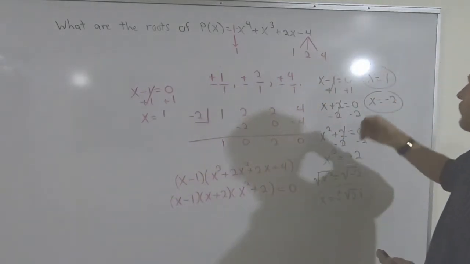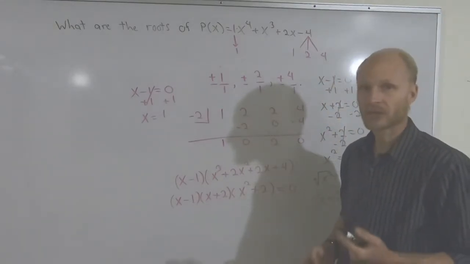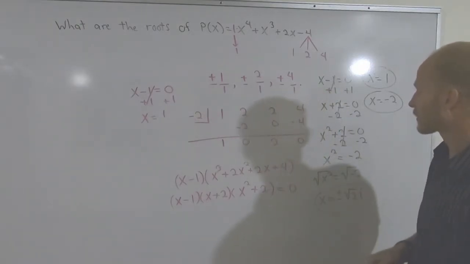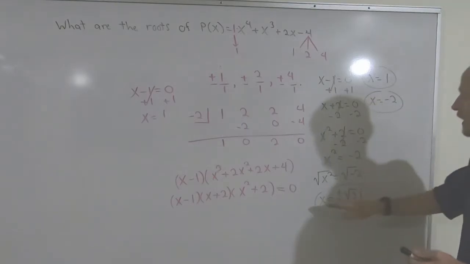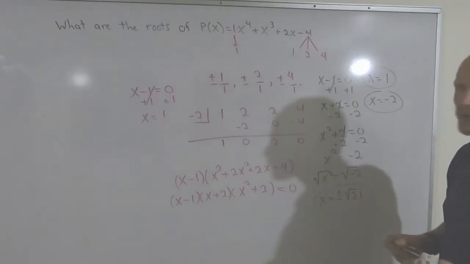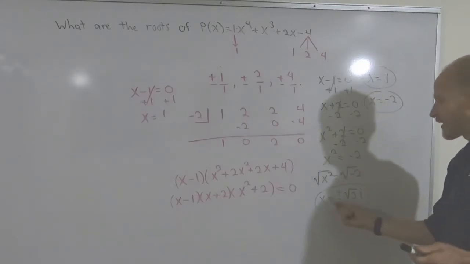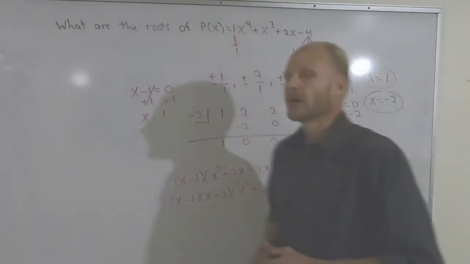Then we set each little package equal to 0 separately using the zero product property, and then, of course, we solved for x. So 4 solutions. X equals 1, x equals negative 2, and x equals positive and negative root 2i. There are two solutions locked in this one. X equals positive root 2i, and x equals negative root 2i.